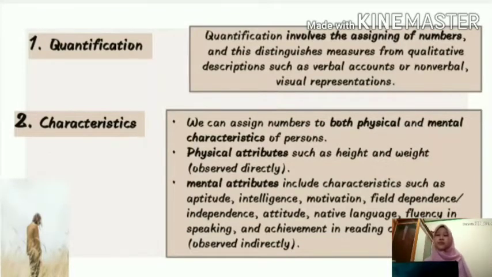We begin with the physical attributes. Physical ones we can see or observe directly, for example height, weight, etc. We can look at the person's appearance. But mental attributes include characteristics such as aptitude, intelligence, someone's attitude, motivation, their fluency in speaking, and achievement in reading comprehension.